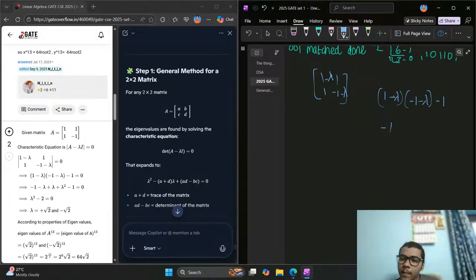So it will be minus 1 minus lambda plus lambda plus lambda square. And again minus 1. So that's lambda square minus 2 is equal to 0. Lambda square is equal to 2. Lambda is equal to plus or minus square root of 2.